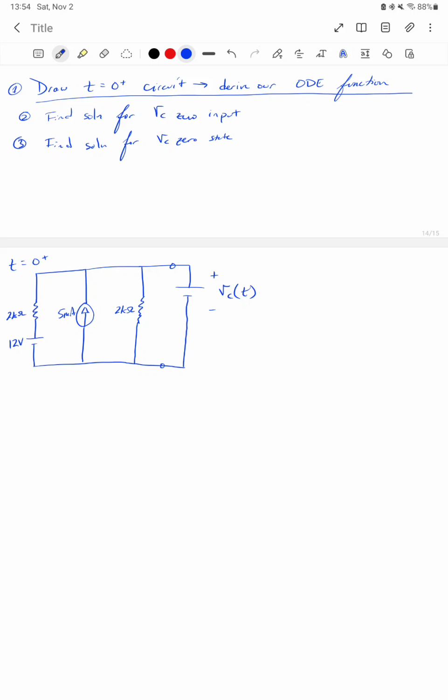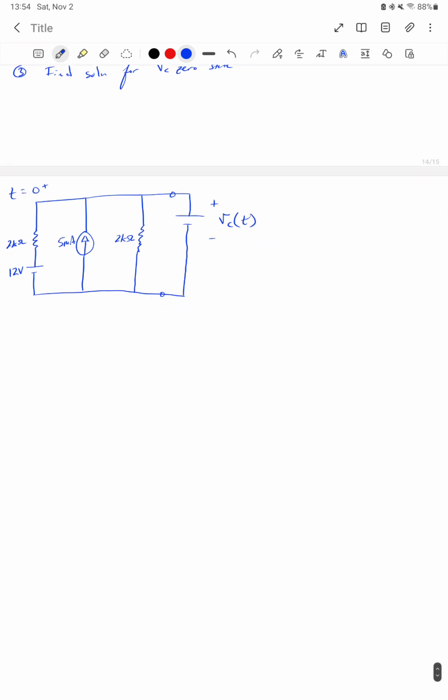However, let's condense this into a Norton equivalent first, because we want to derive this equation, and the most ideal way to do that would be to set up the Norton equivalent first, and then we can derive based on those values.